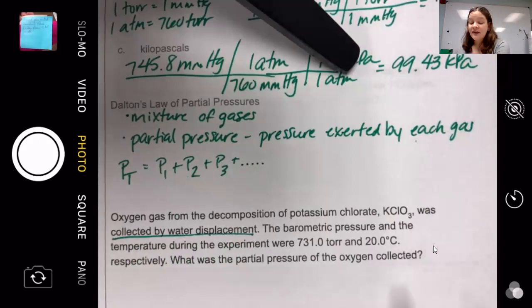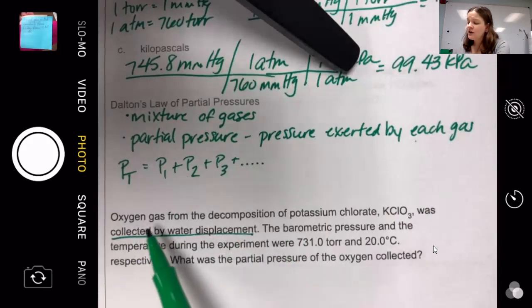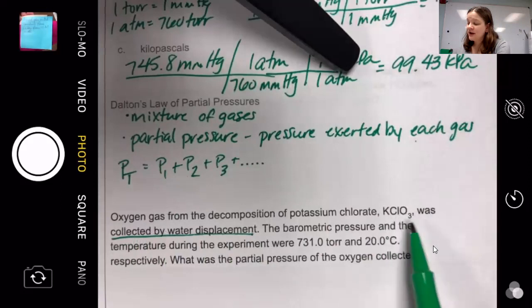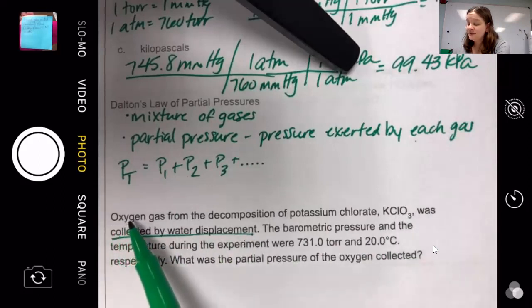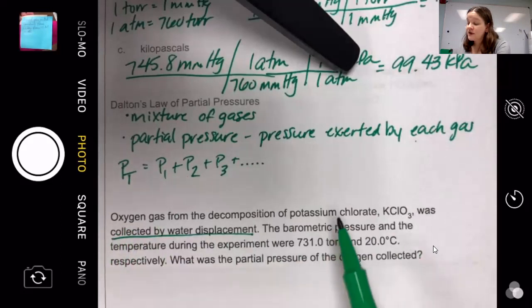And that's in a chart. We'll come back to that in just a second. Here we are decomposing potassium chlorate and collecting the oxygen gas that gets produced. The barometric pressure is going to be my total pressure.